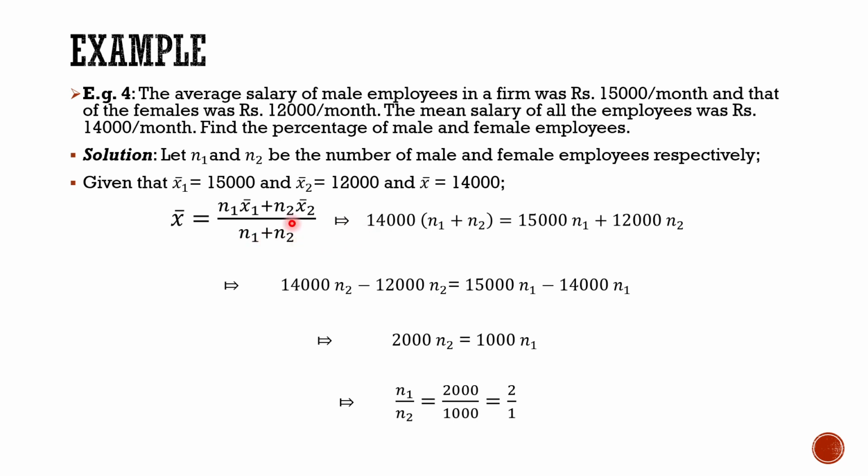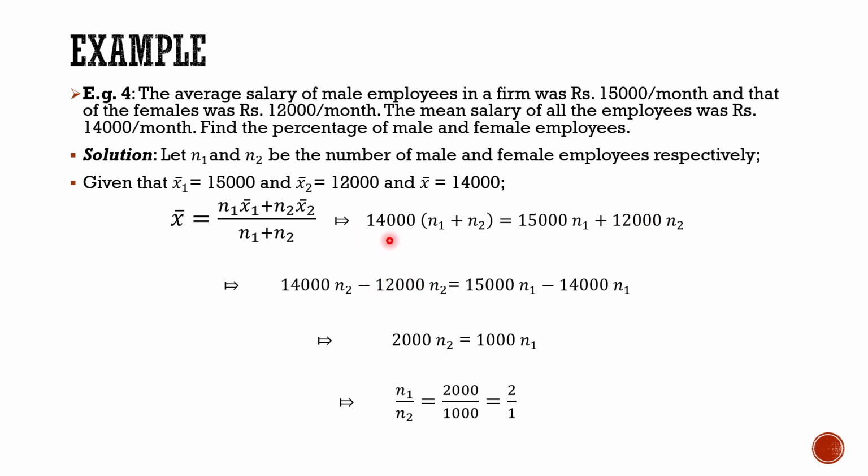So we just put the numbers in their places, and if we take this to the left hand side, this would be n1 plus n2 into the composite mean, that is 14,000, is equal to 15,000 into n1. Here 15,000 is the average salary of males, and n1 is the number of male employees, and similarly plus 12,000 into n2, the number of female employees, into their mean salary.